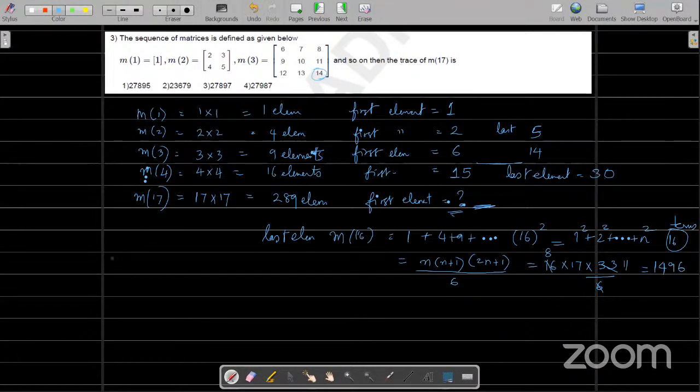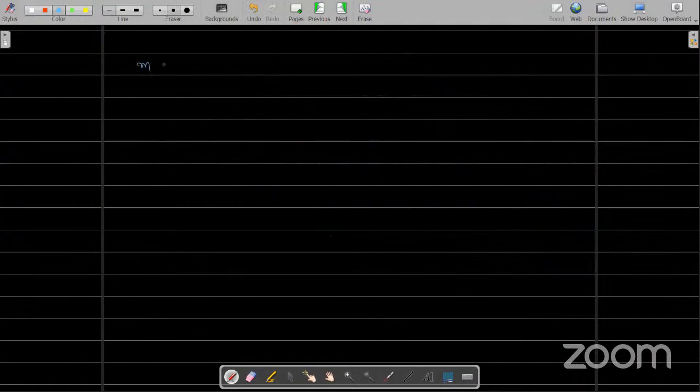Okay. So what is the first term of this element then? 1497. Okay. Now, if this is 1497, what is the matrix I will get? So M17, if I have to write, the first number we have got is 1497.